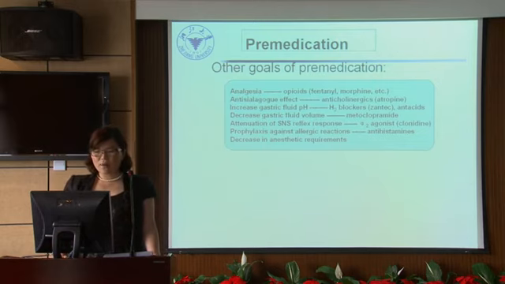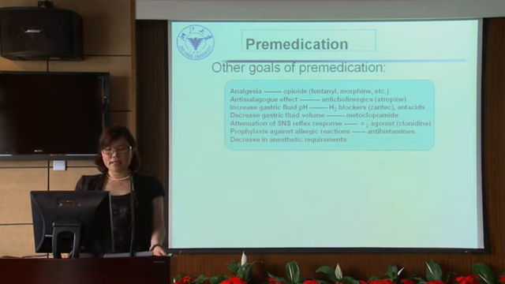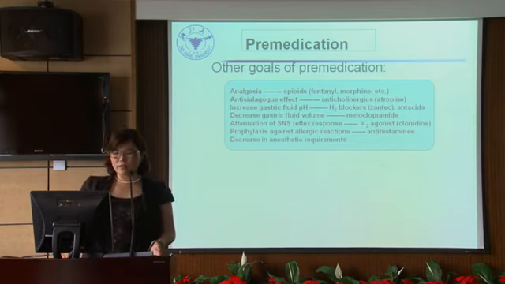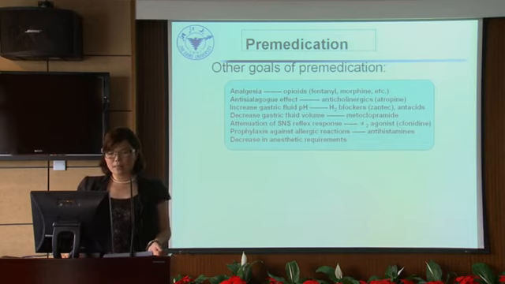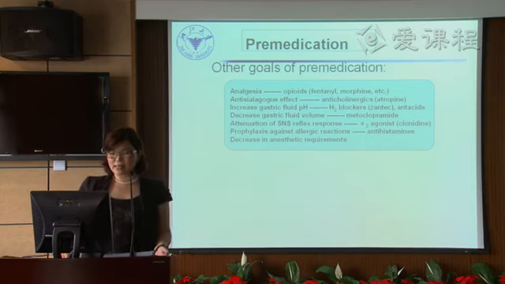The other goals of the medication may be that sometimes we should give medication for analgesia, for increasing gastric fluid pH, sometimes for prophylaxis, or sometimes for decreasing anesthetic requirements.